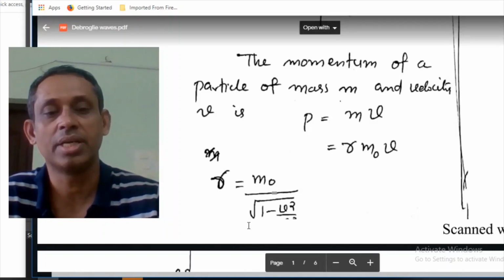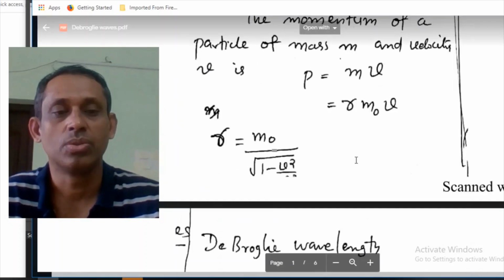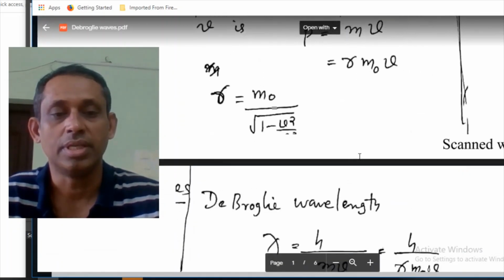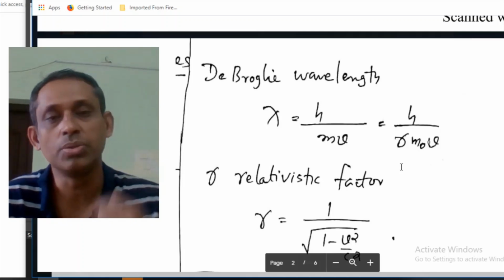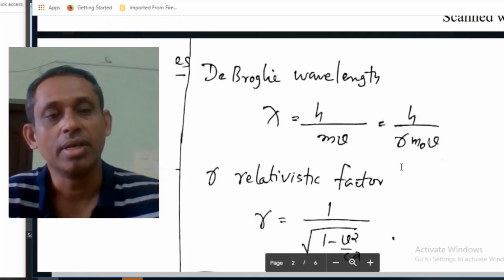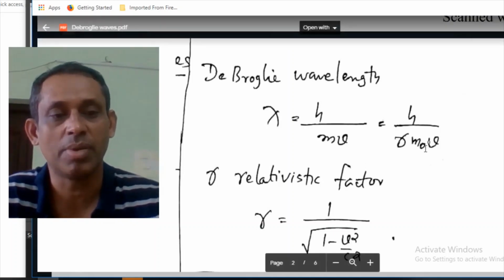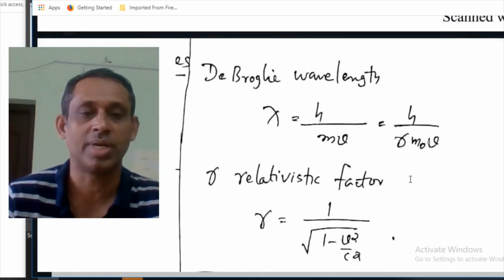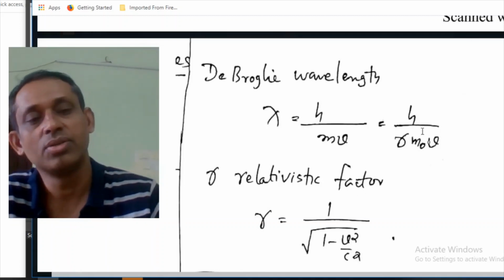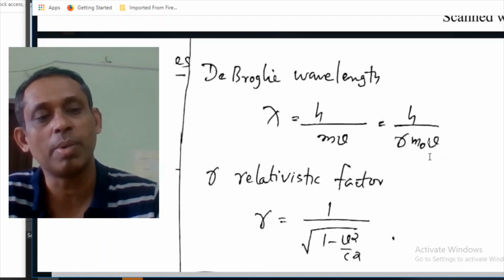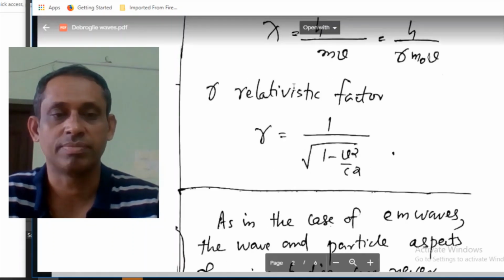So gamma here is the relativistic factor. So the de Broglie wavelength is given by lambda equal to h by mv, that is equal to h over gamma m0 v, where m0 is the rest mass, m is the mass when the particle is moving, and gamma is the relativistic factor.